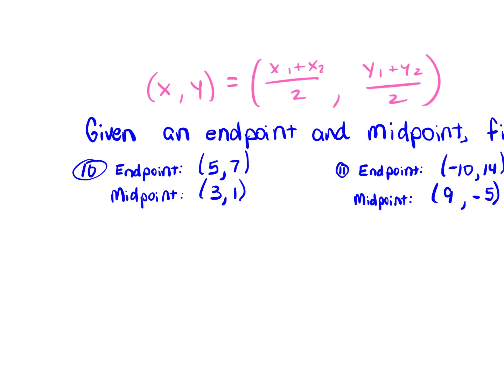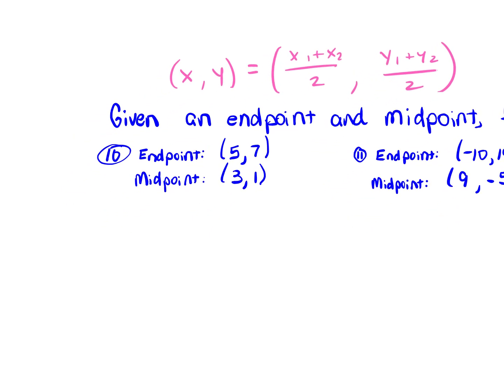So we're going to use our midpoint formula to set up 2 little equations to find the x that we're missing and to find the y that we're missing. We have to kind of work backwards here because it gives us the midpoint. It gives us the answer. We have to find our x2 and y2, really. So this we can call x1, y1, and then our midpoint we'll call x and y.